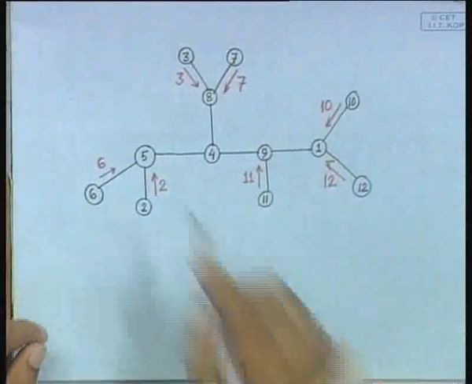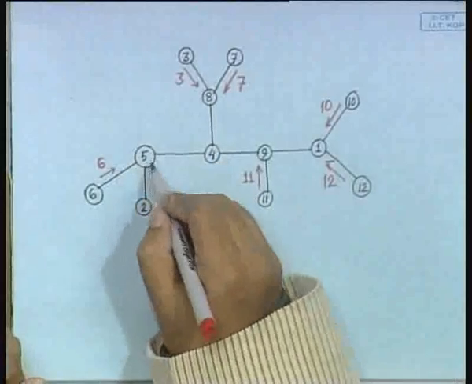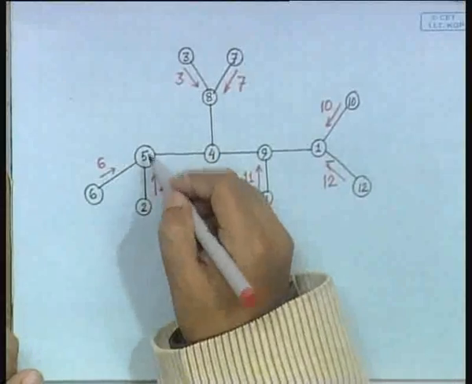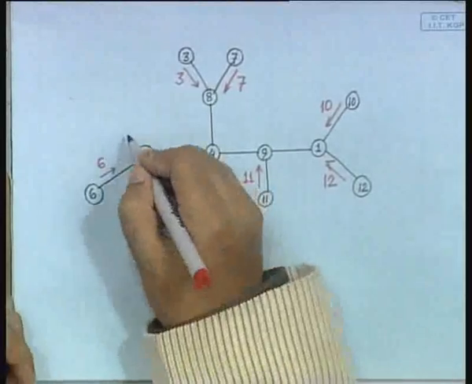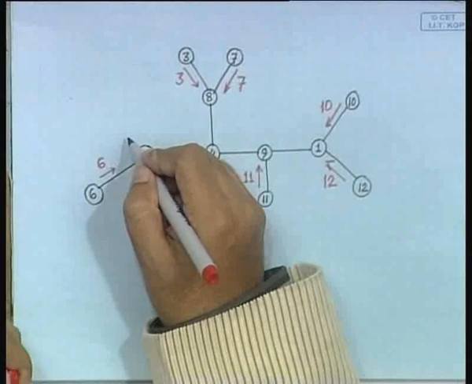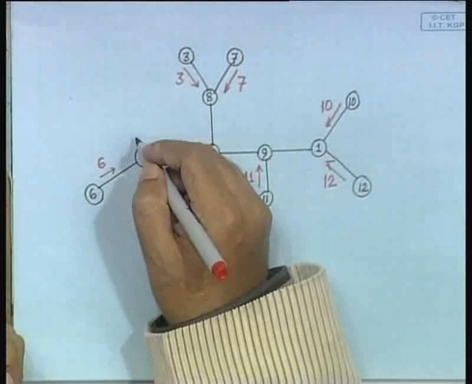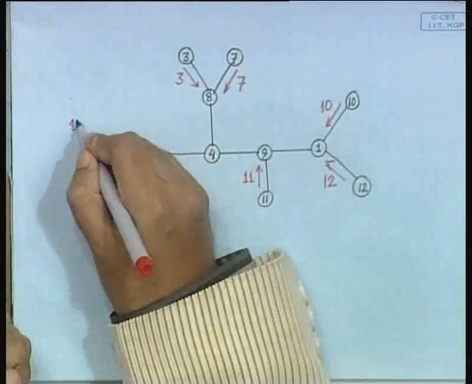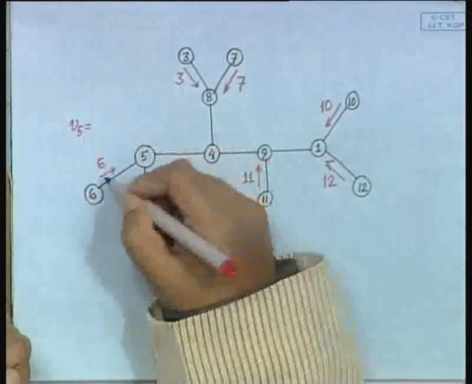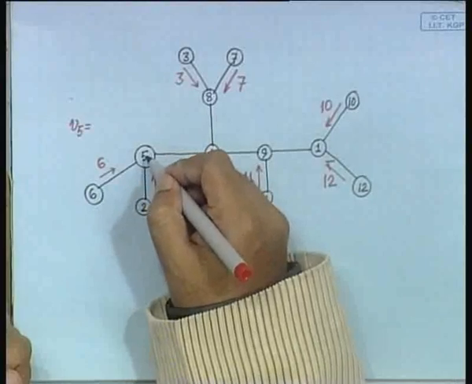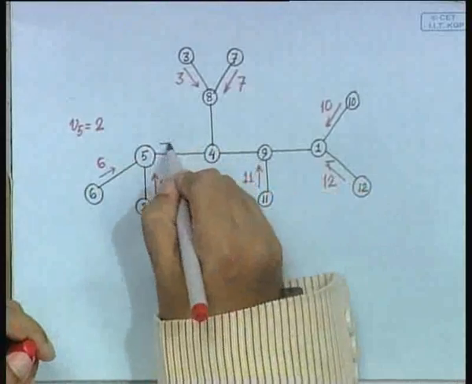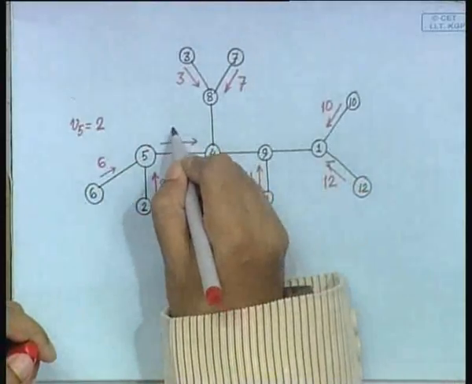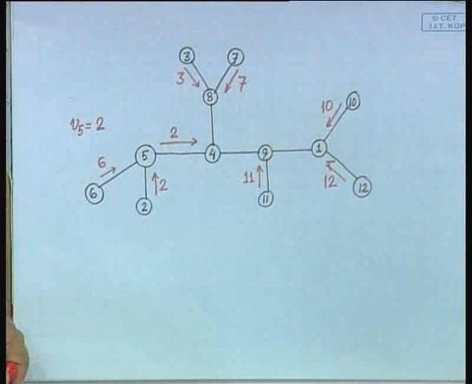So, it is going to take the minimum of all of this. So, minimum of 6, 2 and 5, right, and it will send. So, that becomes V5. Okay. Now, at this point of time the value of V5 is the minimum of 6, 2 and its own 5. So, it is 2, and it is going to send a token to whom? To 4, right.